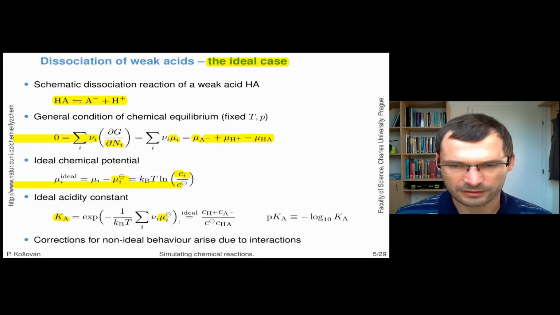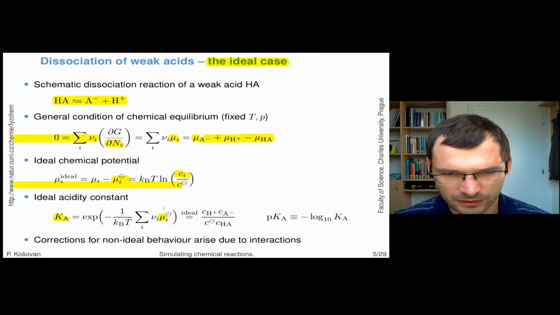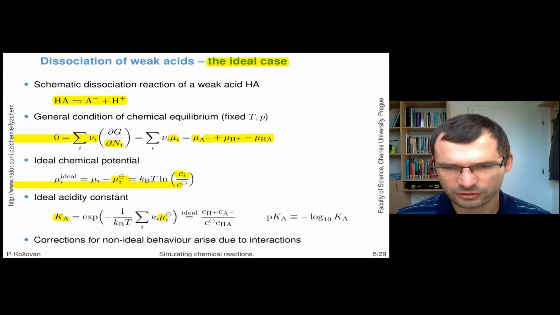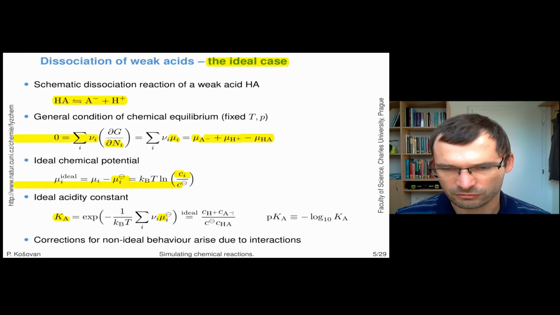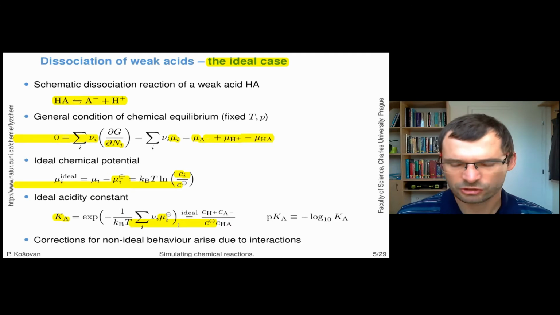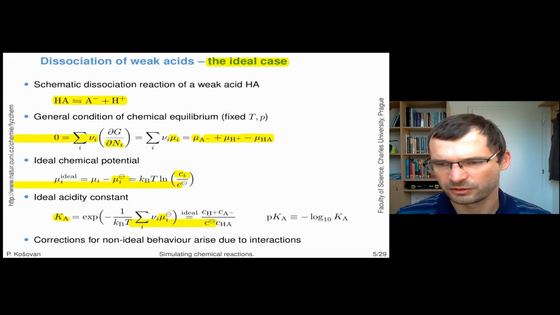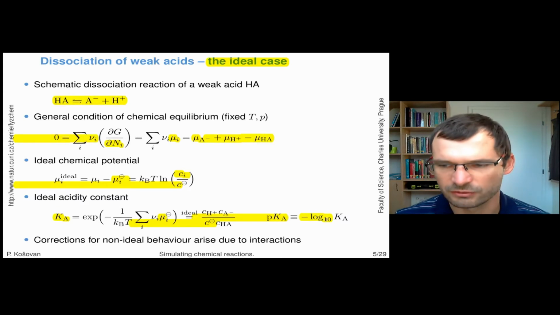In the case of an ideal system, this exponential of the sum of the chemical potentials can be put equal to the product of concentrations of individual species in equilibrium, multiplied by this reference concentration such that the whole equilibrium constant is dimensionless. Quite often we use an abbreviated notation, pKa being equal to minus log 10 of this Ka, and this is also one important reason why we want to make this Ka dimensionless.